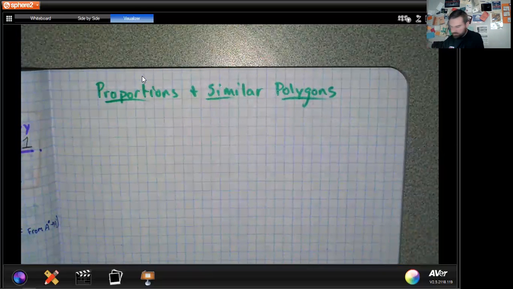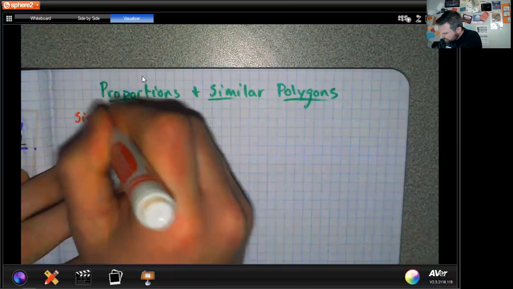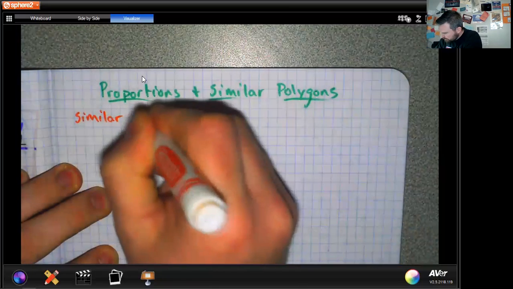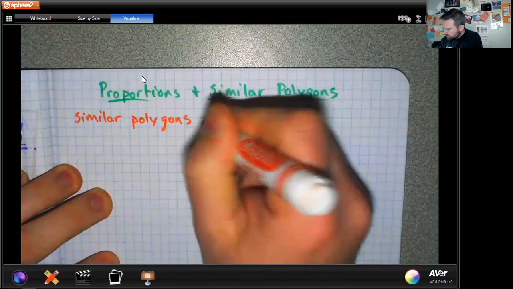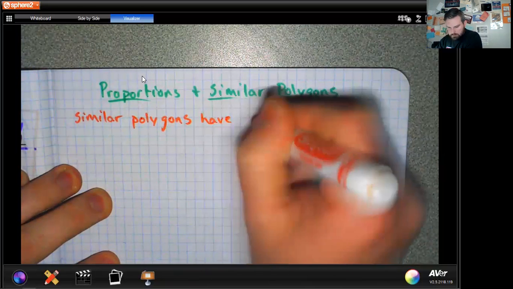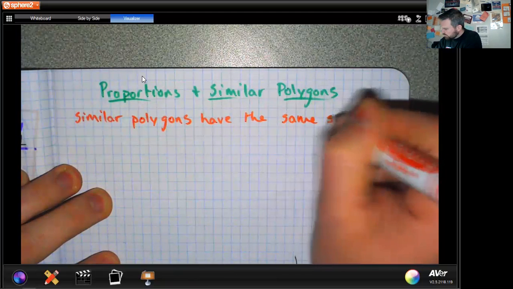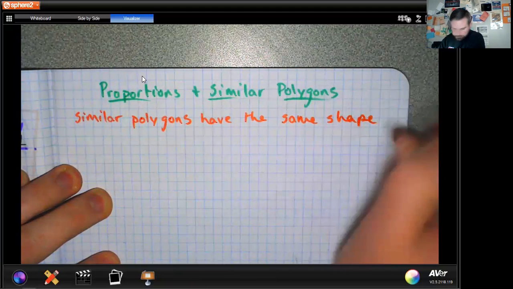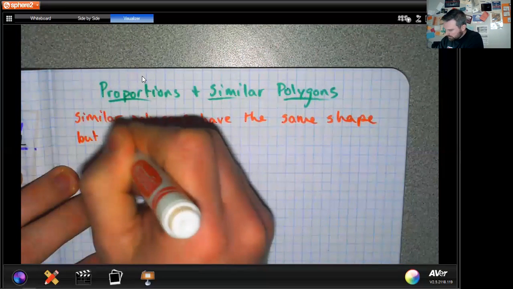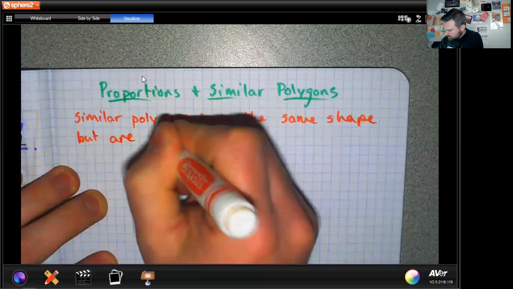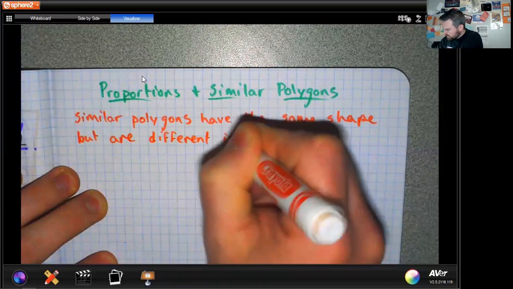So similar polygons have the same shape, but are different in size.